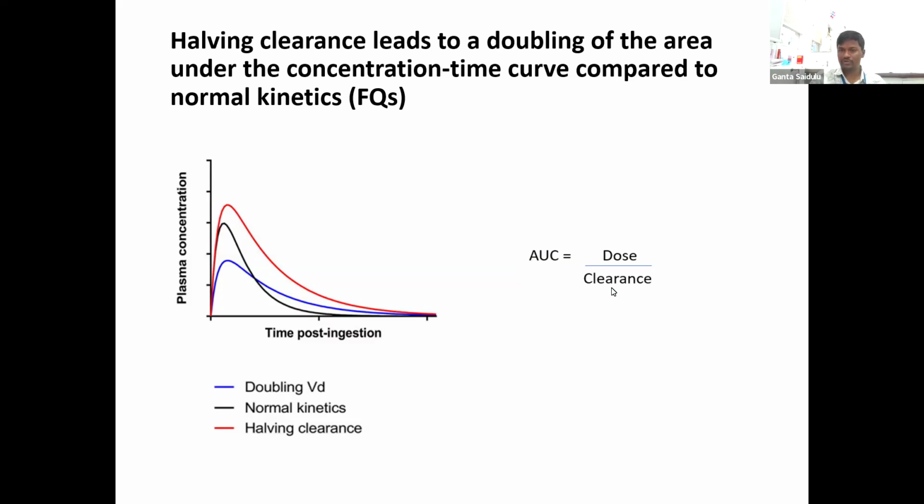For fluoroquinolones, if the clearance is decreased from normal, then the AUC automatically goes up 2 times. This type of pattern we can see in the fluoroquinolones. If the clearance is like 10 and it is decreased to 5, then the AUC becomes double.